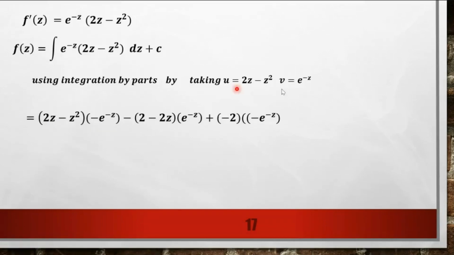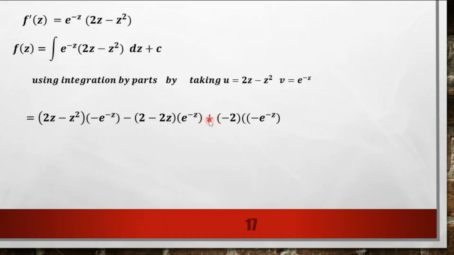Okay, so I'm writing u times the integration of this, which is minus e raised to minus z. The second term is minus. What will be the derivative of this? The derivative of 2z is 2, of z square is 2z. Its integration: the integration of minus e raised to minus z will become e raised to minus z.